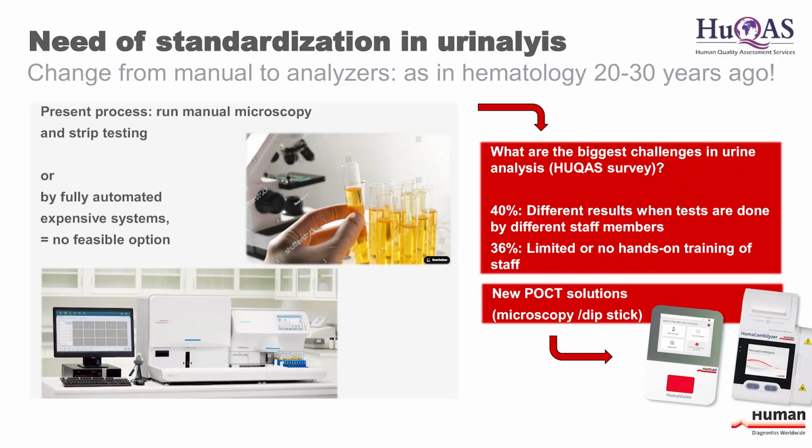Therefore, the HUQAS survey said the biggest challenge in urine analysis nowadays, that's your group, is that in 40% of the cases, if two different lab technicians do the same slide, they will get different results, which is, of course, not what you would like to have in terms of quality, reproducibility and traceability.